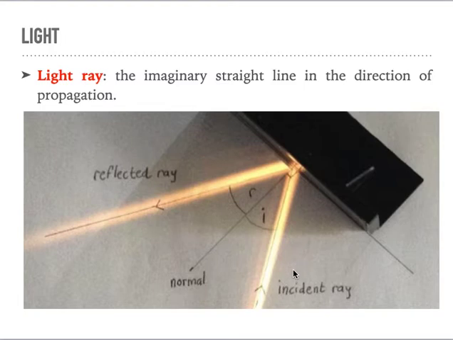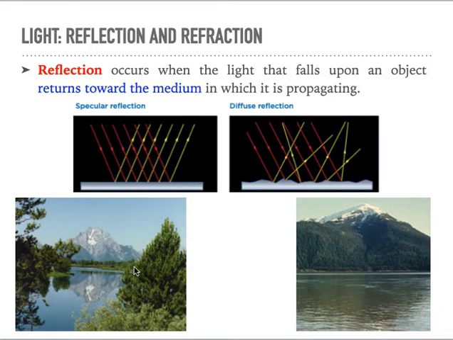And then we can use it to explain the reflection in mirrors. For example, the one in here where the incident ray reflects and goes away. And for example, this happens in lakes, and we can talk about two kinds of reflections.